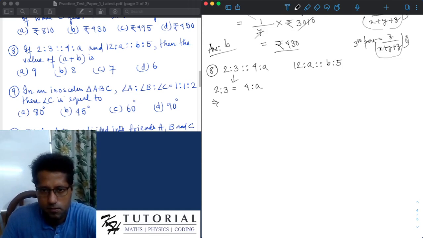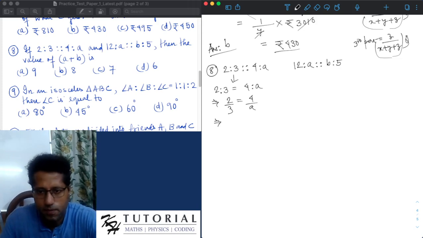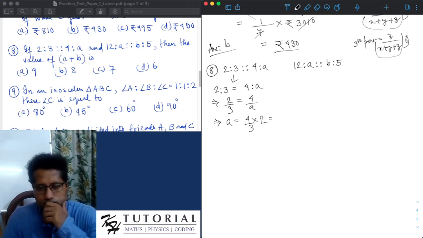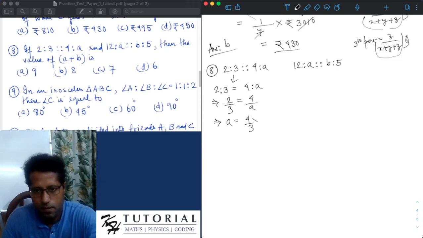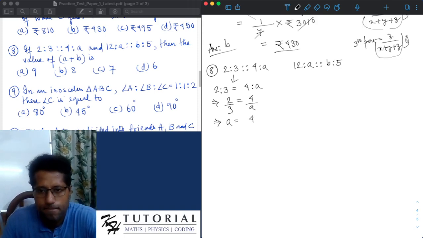This implies 2 by 3 equals 4 by a, and doing cross product, a will be 4 into 3 by 2, this is 6, a is 6.